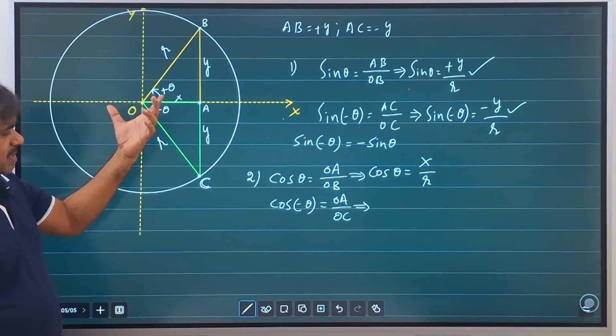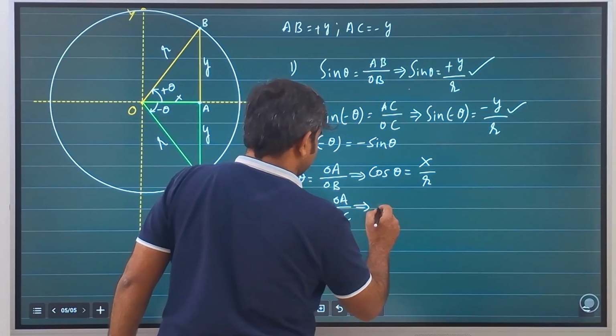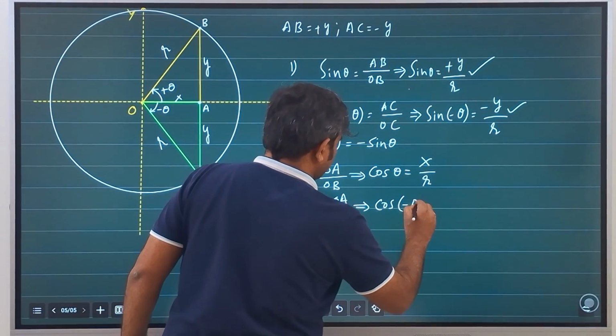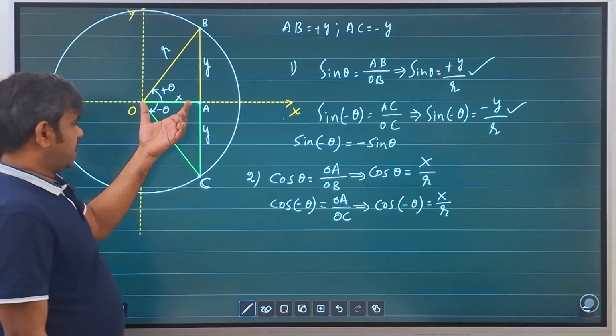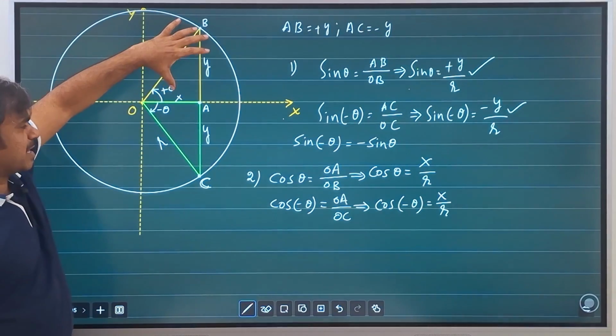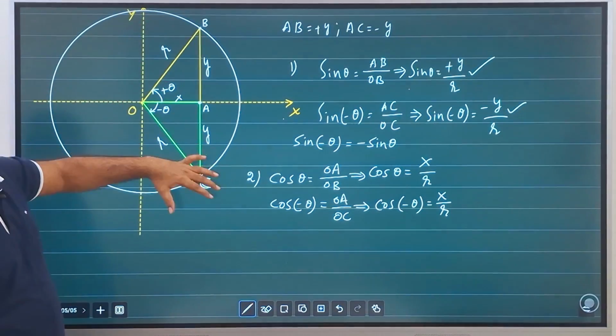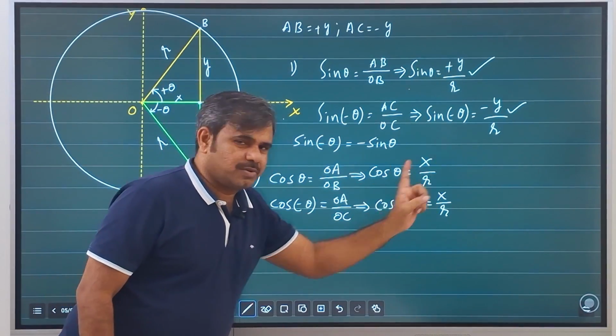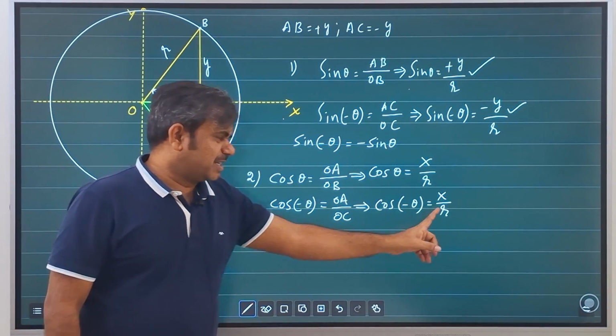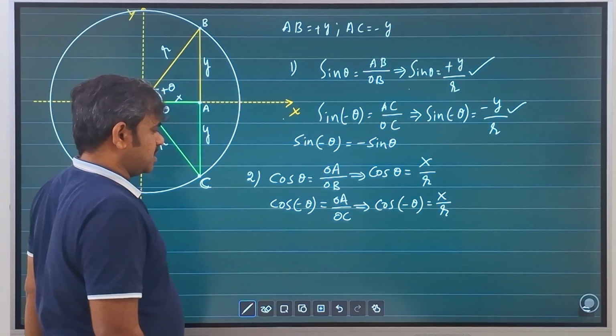This is still plus x. So cos minus theta is x divided by r. X is positive for the above right angled triangle, x is positive for the below right angled triangle also. So cos theta is equal to x divided by r. Cos minus theta is also equal to x by r.